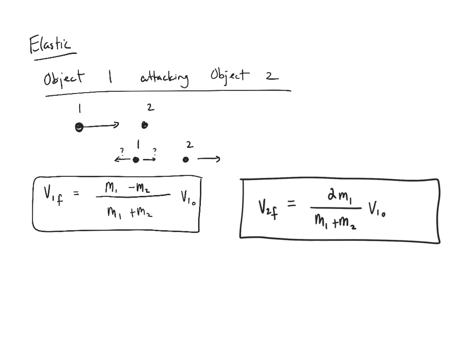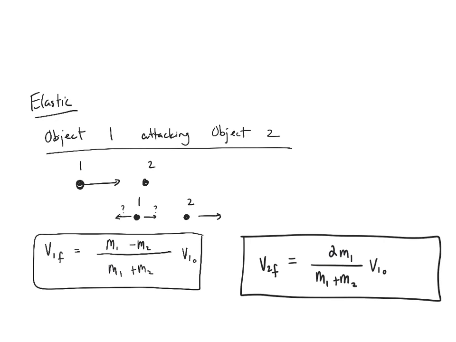You don't want to have to derive them and go through the process. What the book is doing, and what I'm showing you here, is combining these 2 equations up top. So they're combining conservation of momentum, written up at the top there, with conservation of kinetic energy.